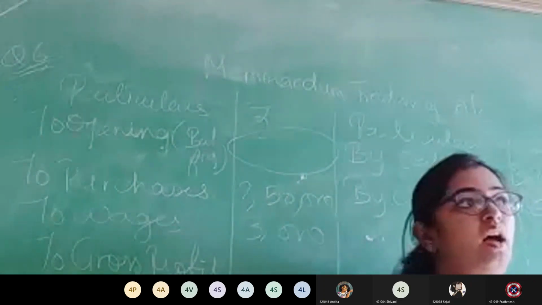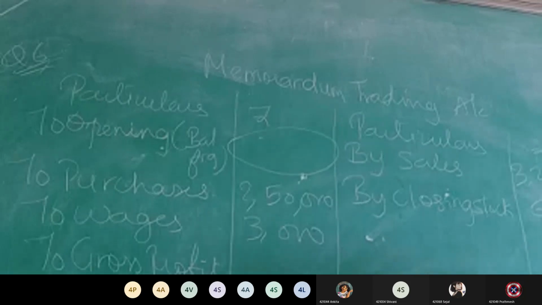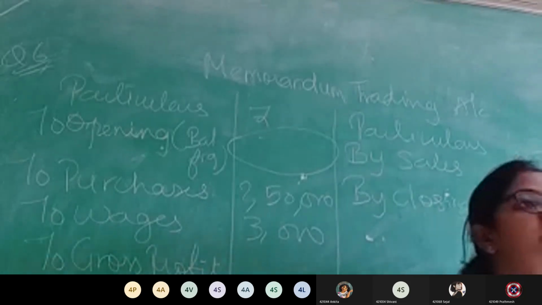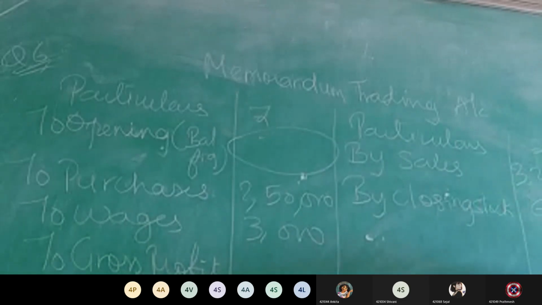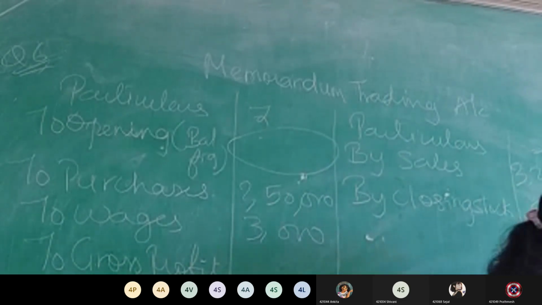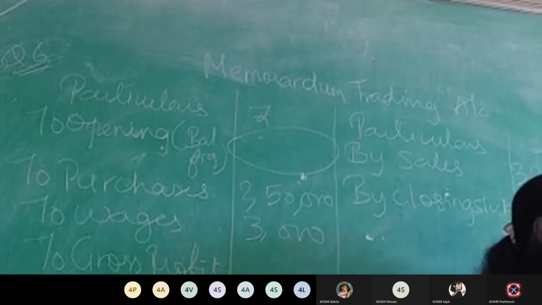You should know this. If they had given 30% on cost, what would you do to find the percentage on sales? It's easy. 100 plus 30, 130. 30 over 130, multiplied by 100. You will get this. And in all the further terms, each and every sum will contain this.